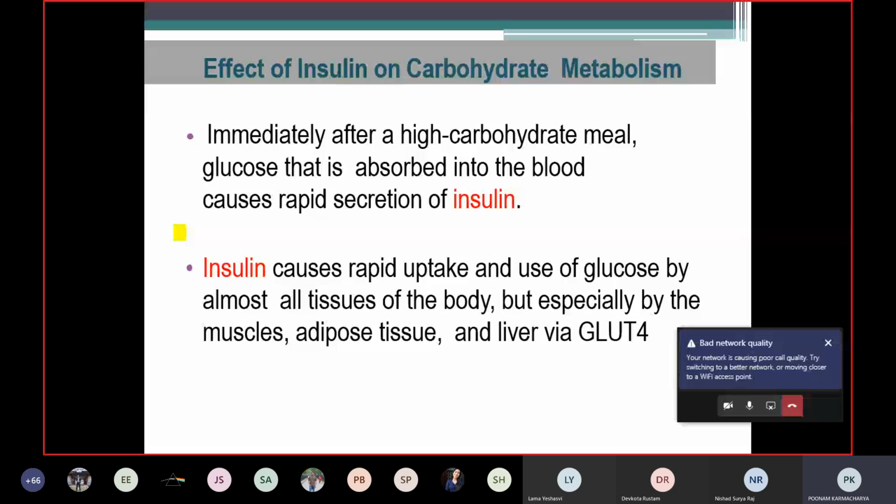Immediately after a high carbohydrate meal is taken, glucose that is absorbed into the blood causes rapid secretion of insulin, right?